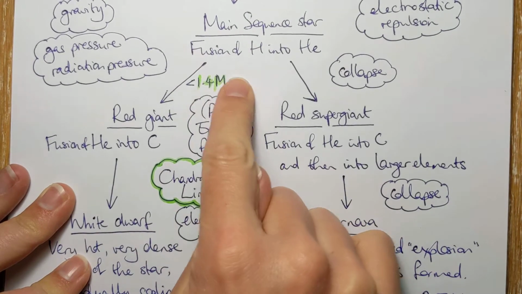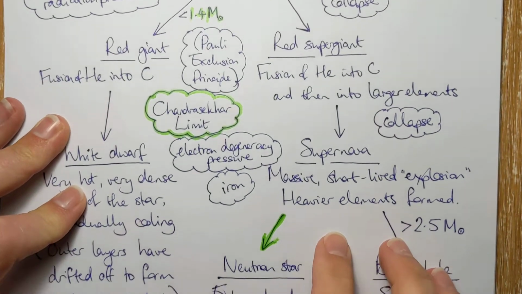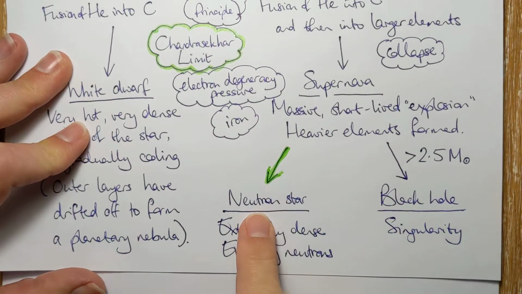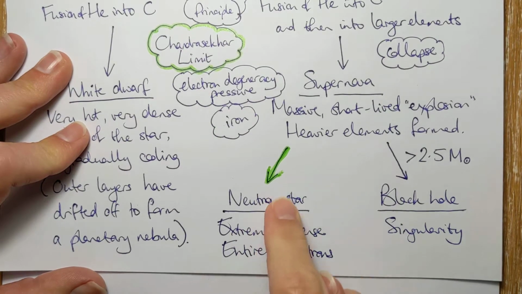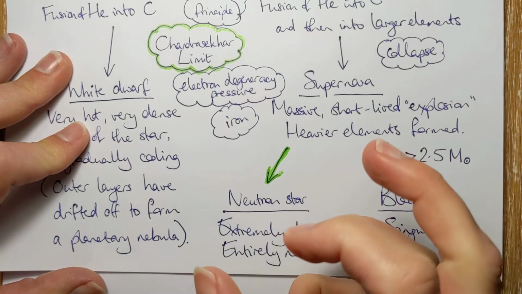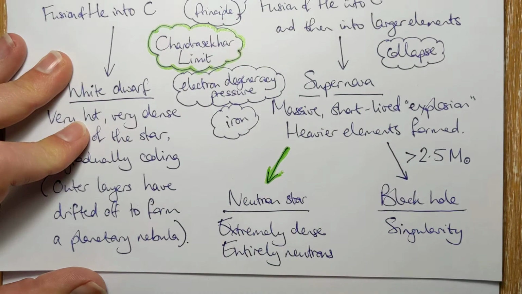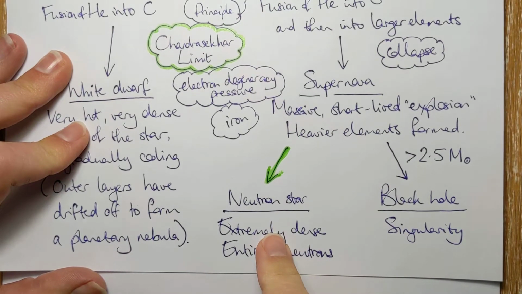Now, why does how much mass you have matter? Because when you become a neutron star, you've collapsed so much that the pressure is so high that it's actually high enough to force electrons into protons. It basically pushes electrons into protons.